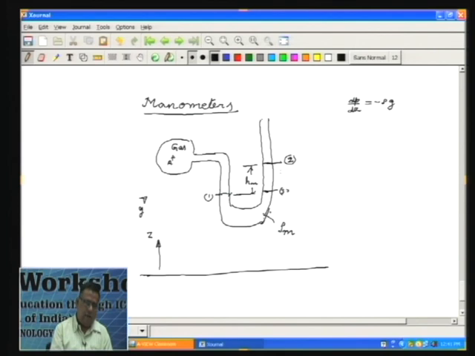If I integrate this from 2 to 3, you are going to have P 2 minus P 3 is equal to minus rho g into Z 2 minus Z 3. You will get this expression. Now, P 3 is equal to P 1.